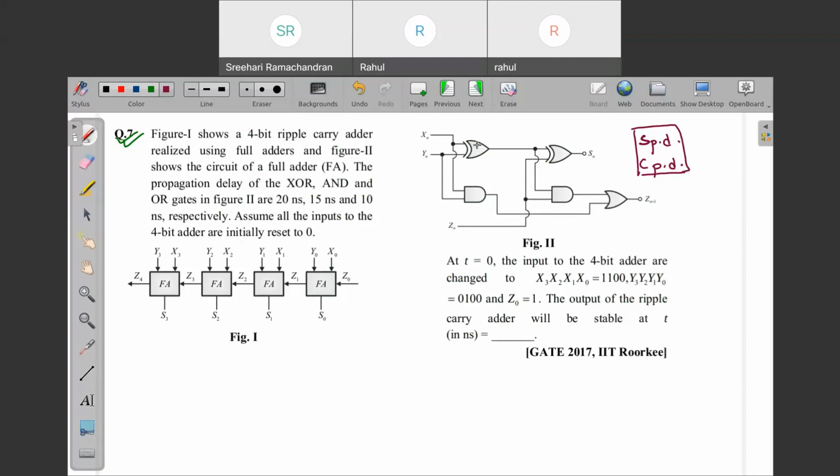So first you need to calculate sum and carry propagation delay, because they have individually given the propagation delay of each of the components of the full adder. Then you need to calculate after how much time you are going to get all the outputs. Okay, so this is your homework. This will not be asked in HL, but this might be asked in your GATE questions. So this is a very good concept.